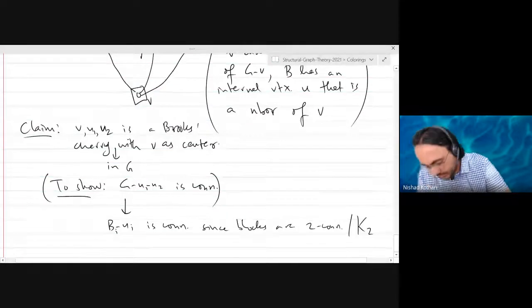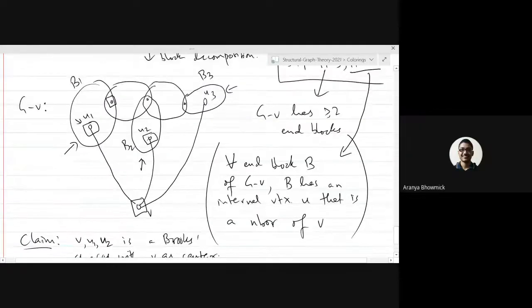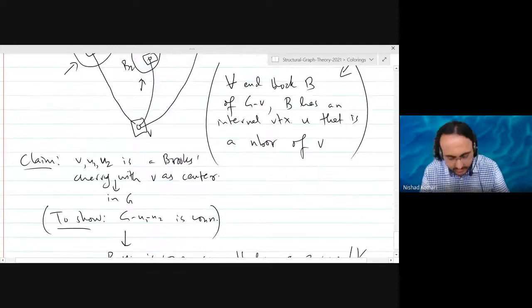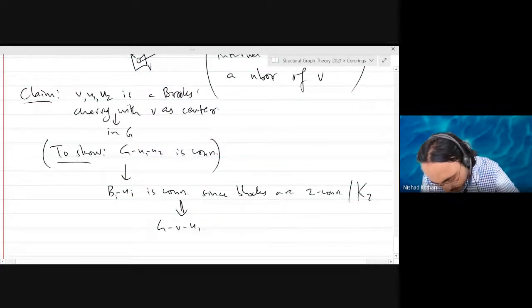In both cases, the argument is okay. So B1 minus U1 will be connected, B2 minus U2 will be connected. That means G minus V minus U1 minus U2 is connected. Done.